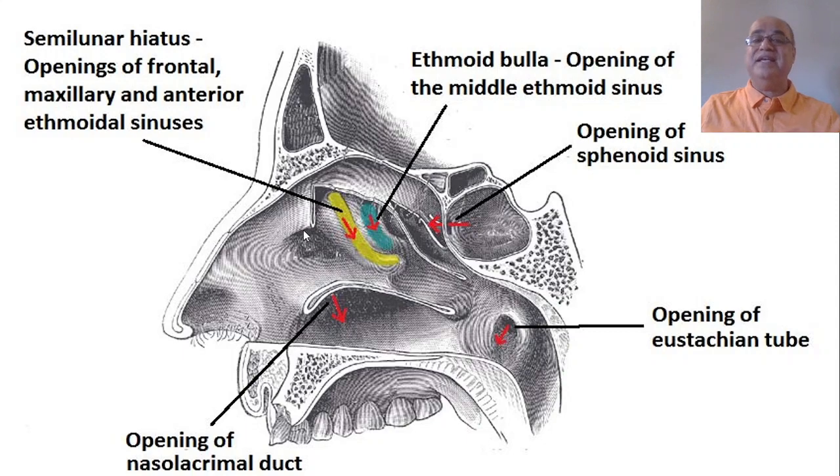So the superior meatus is also confined to the posterior 1/3 of the nasal cavity. If you memorize this picture, the whole lateral nasal wall anatomy is cleared.